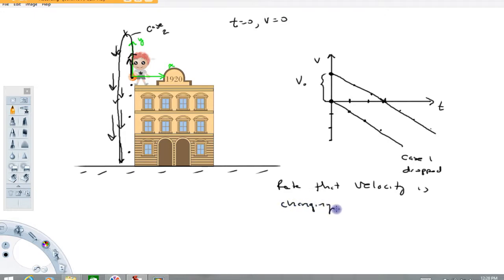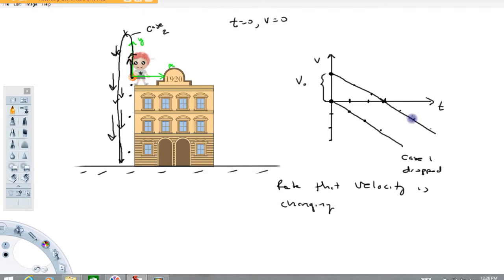And if you see my previous videos about acceleration, that's what acceleration is, the rate that your velocity is changing. If you were to actually put a motion detector and measure the acceleration of this ball, you'd get the same value on both of these curves.